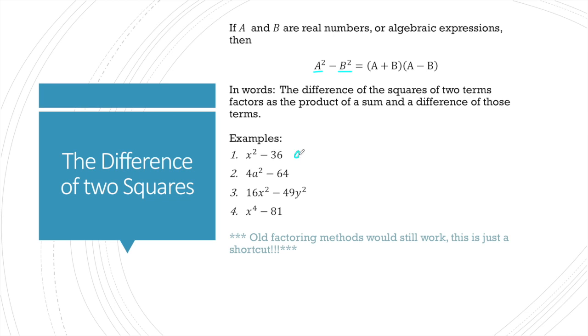A is x, B is 6, and I should make these capital because that's what we use to represent them, capital letters. So that's going to mean I have x plus 6 times x minus 6.